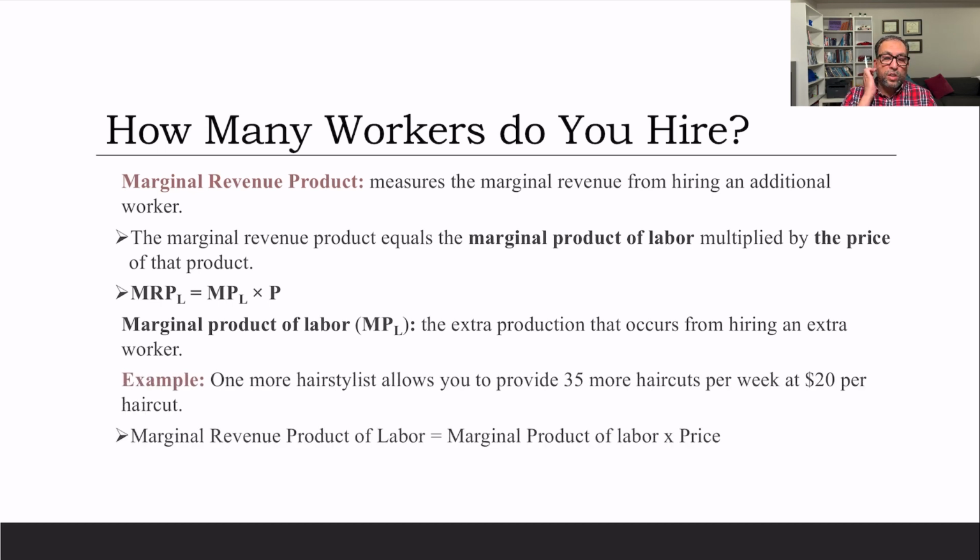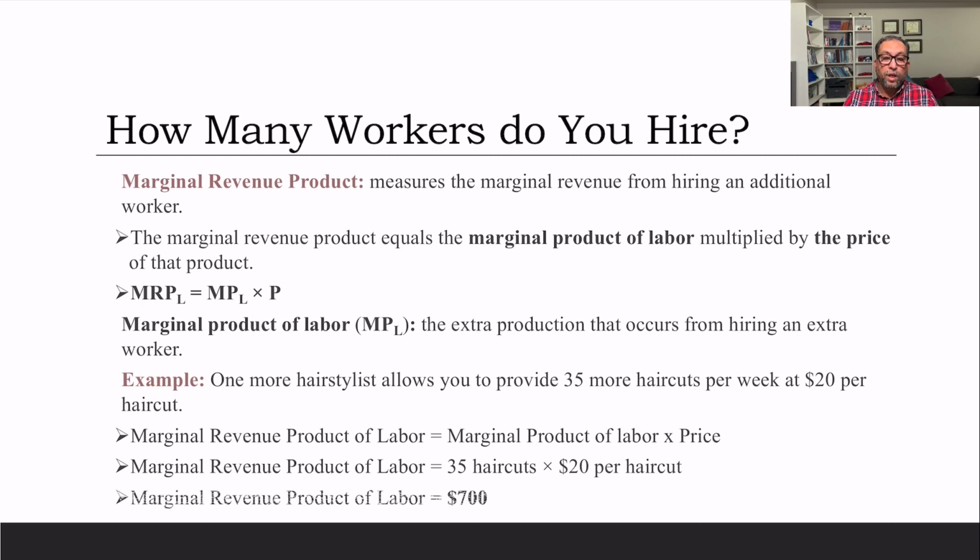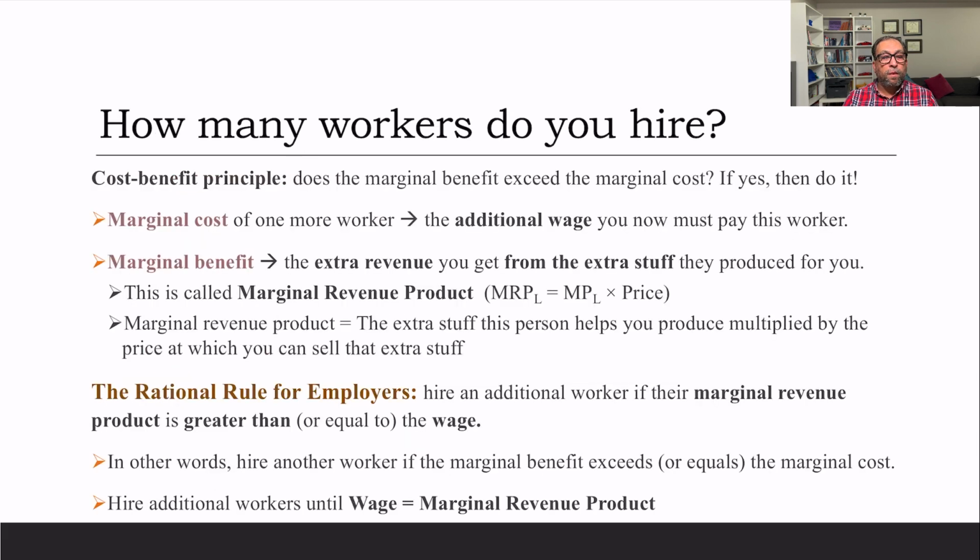So one more hairstylist allows you to provide 35 more haircuts per week at $20 per haircut. What will be the marginal revenue product of labor? We multiply 35 by $20, and we get around $700 in revenue from this additional worker. So the marginal revenue product of labor is 35 times 20, which is 700.